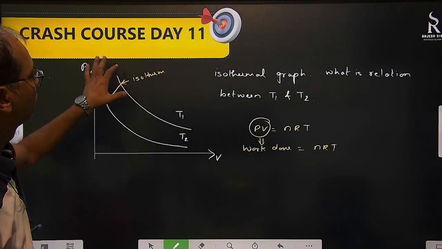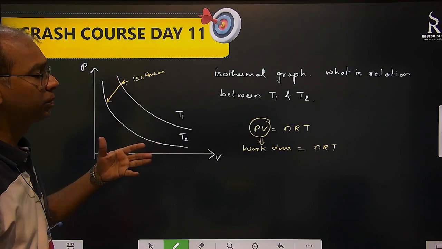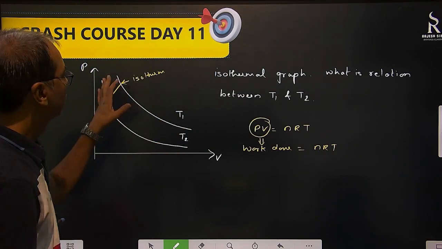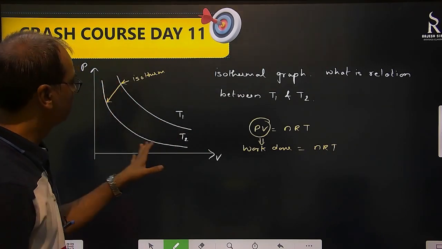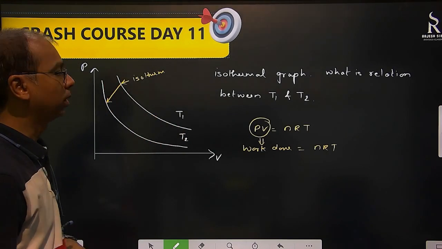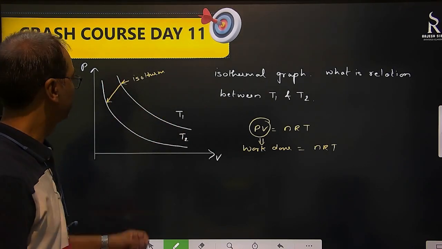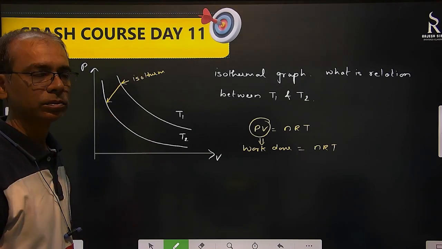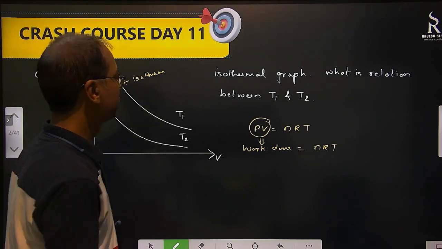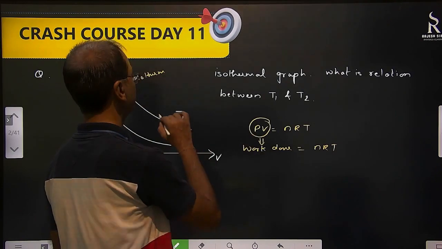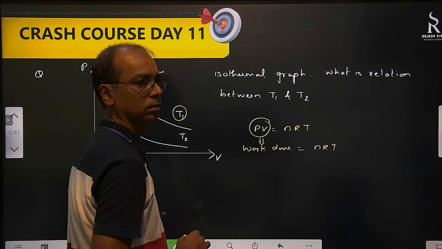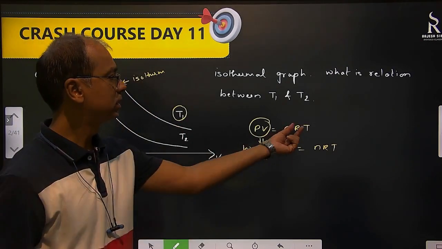Now, in which process is more work done? In T1, which process more area is involved, the first process, or this T2? The answer is T1. More work is there in T1 as compared to T2. So PV is more in which process? Here. So where will temperature be more?